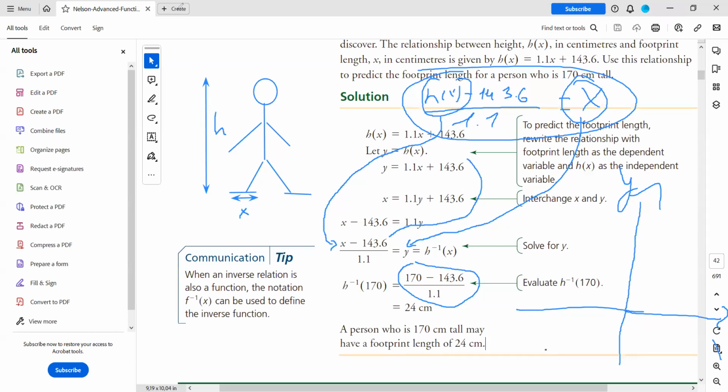Rana, Safa, are you here? Great. So let's continue.